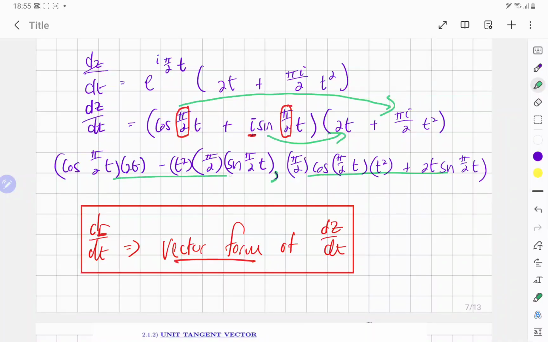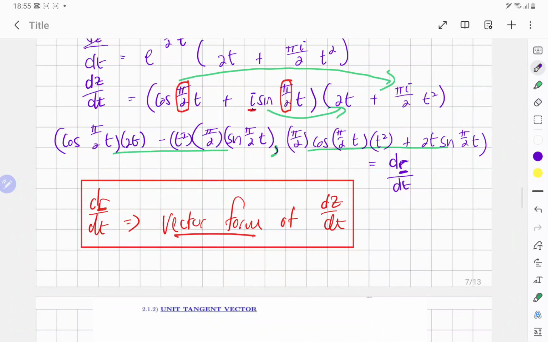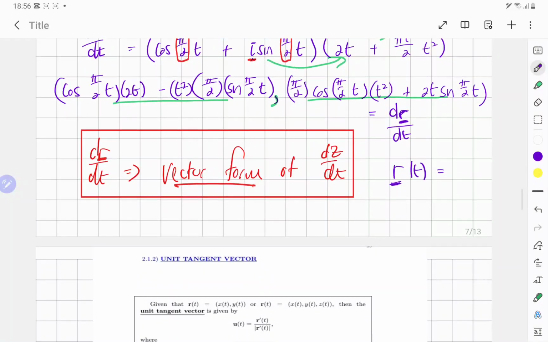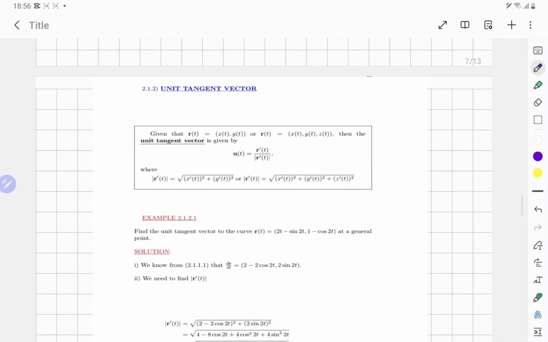That's what I have done there. And there I have my dr/dt. Just one thing I also want you to remember for tests and exams: you have to indicate when you are writing a vector with a line underneath the r. Very important.